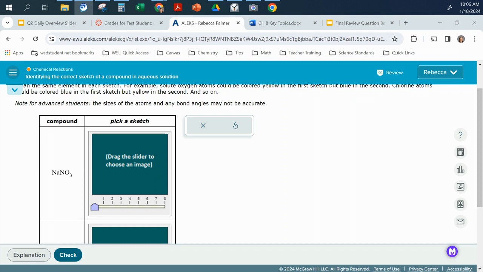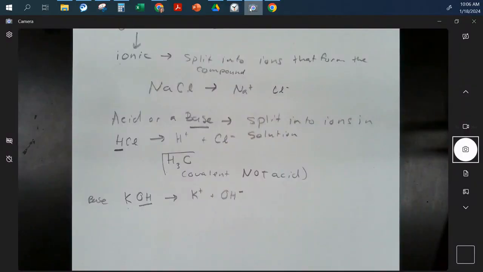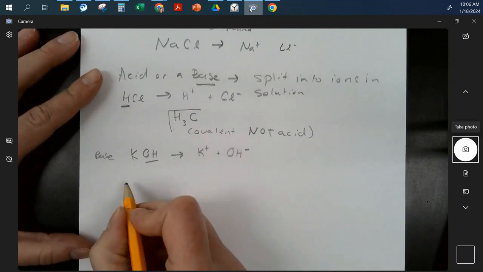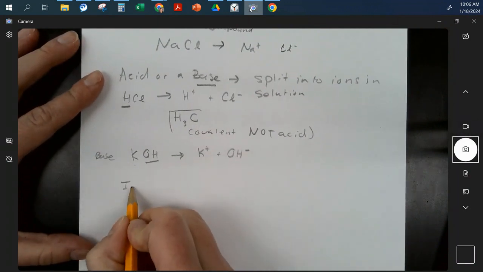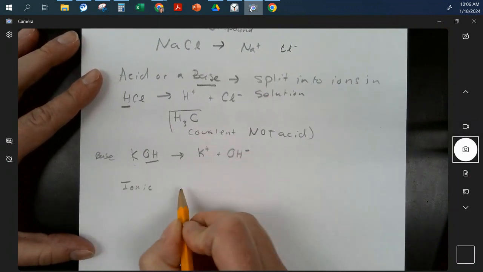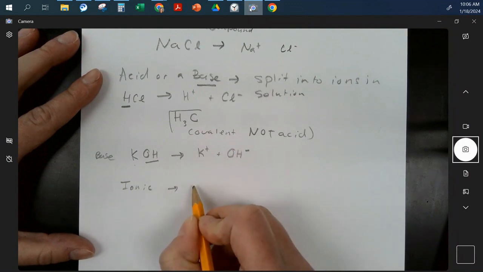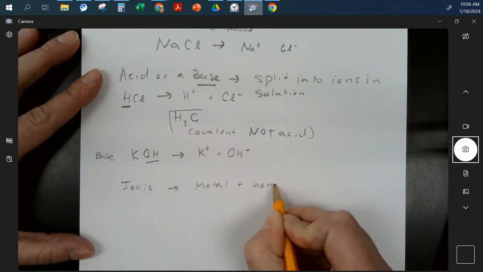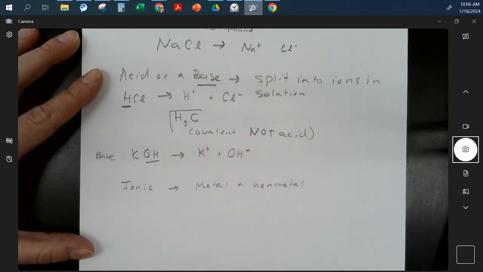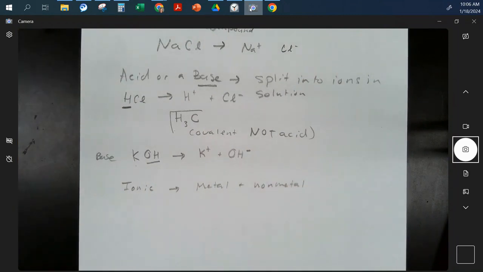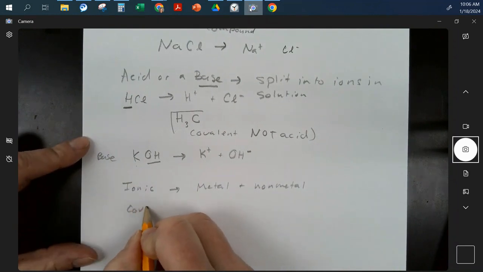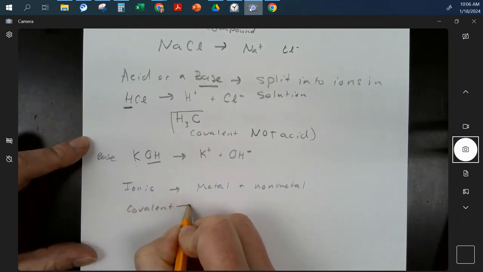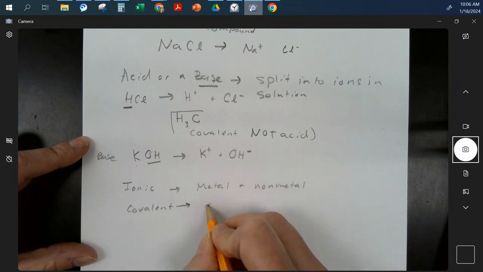Do you remember that? Let's maybe write a definition. If it's ionic, then almost always it has a metal and a non-metal. Does that sound familiar? Hopefully. If it's covalent, then it has only nonmetals.